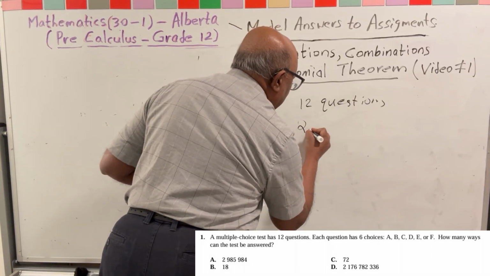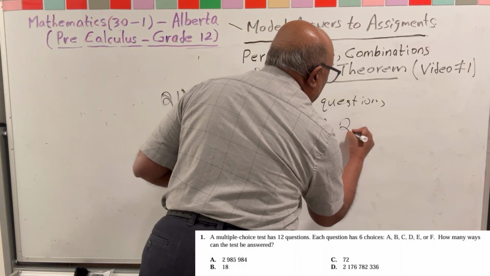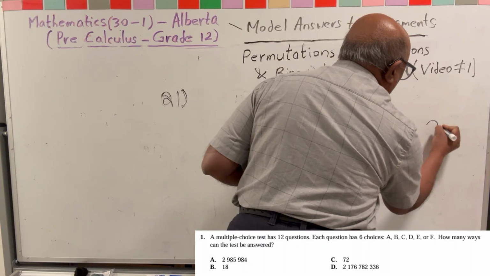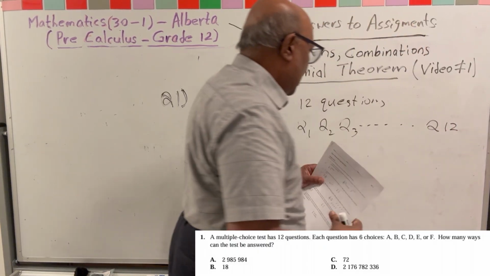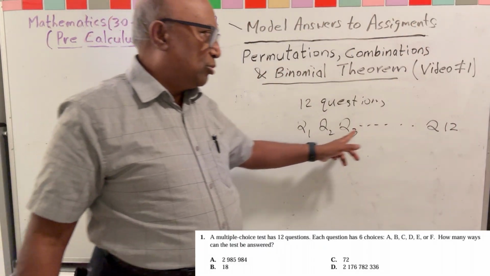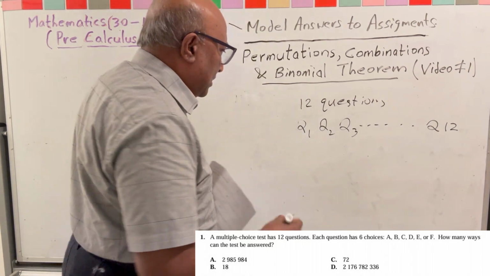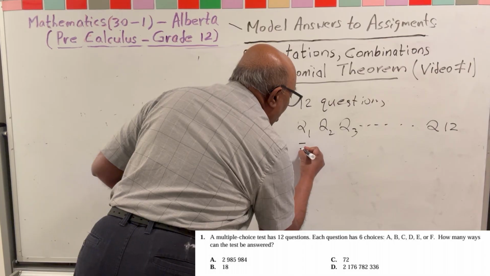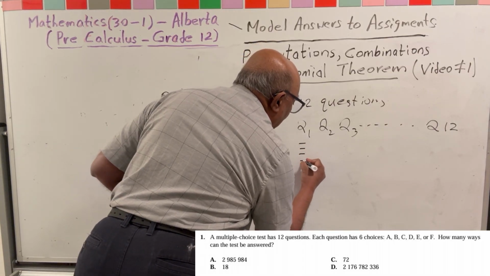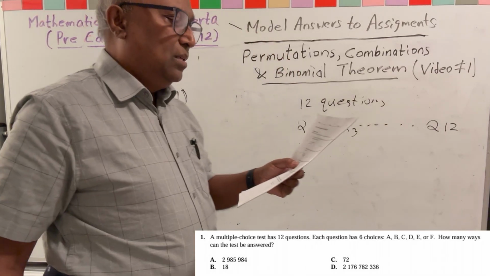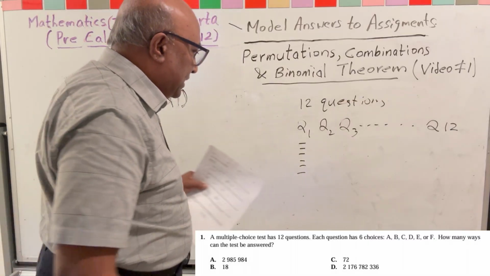Let me say like this: Q1, Q2, Q3, up to Q12. There are 12 questions in the multiple choice question paper. Each question has 6 choices: 1, 2, 3, 4, 5, 6. Choices A, B, C, D, E, F.